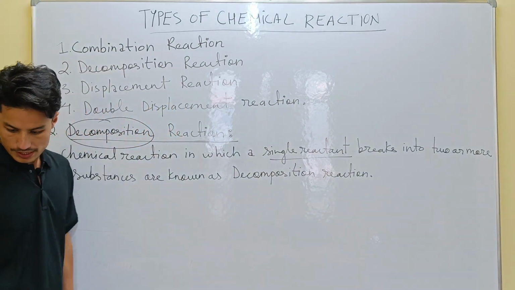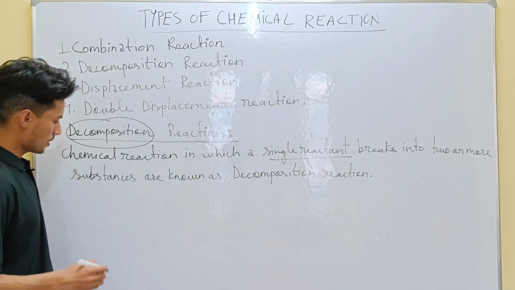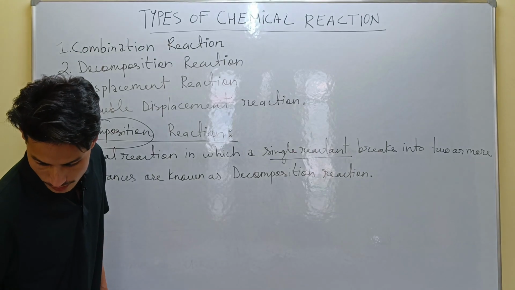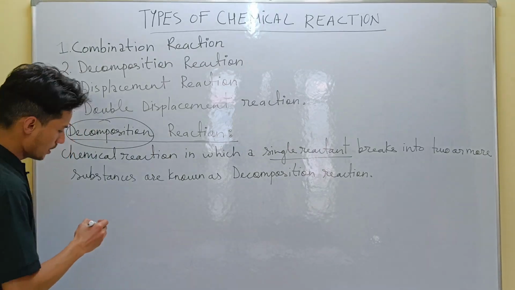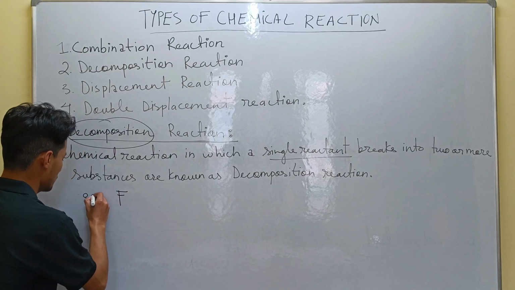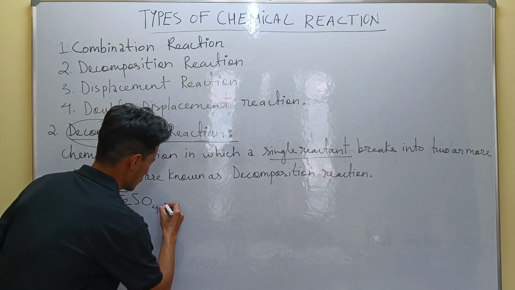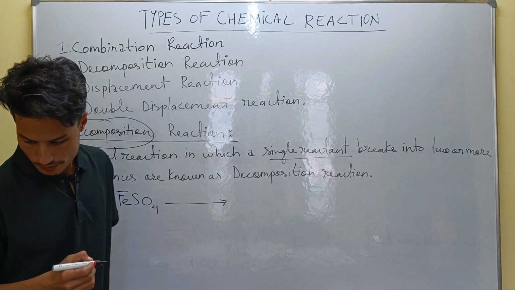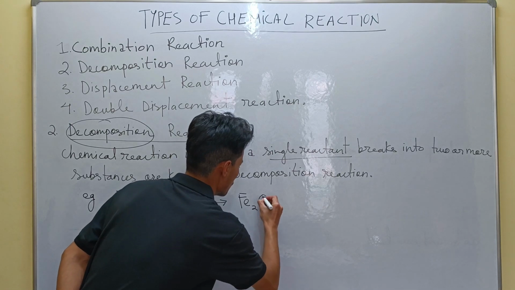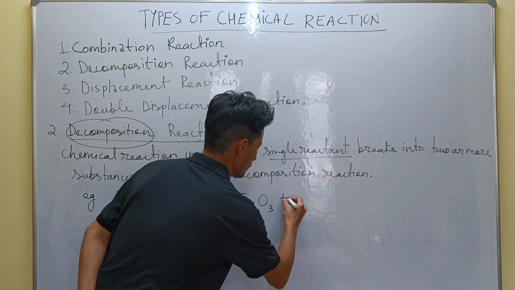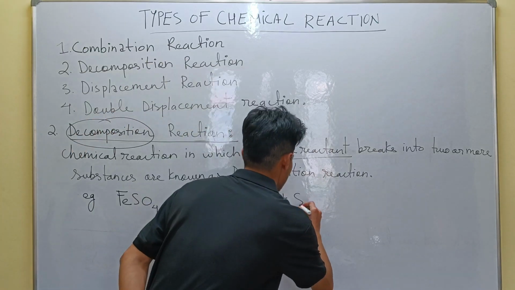Example. Now, what example has been mentioned in your textbook? It is good to refer to your textbook. So let us take this example: FeSO4 breaks down to give Fe2O3 plus SO2 plus SO3.